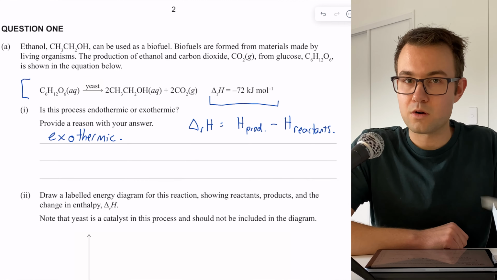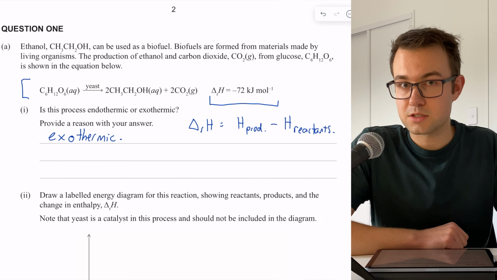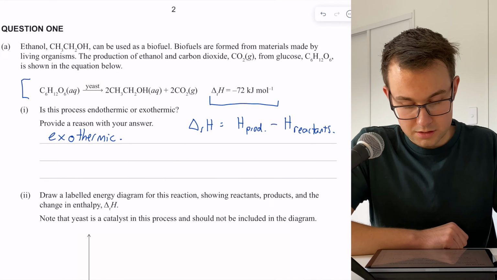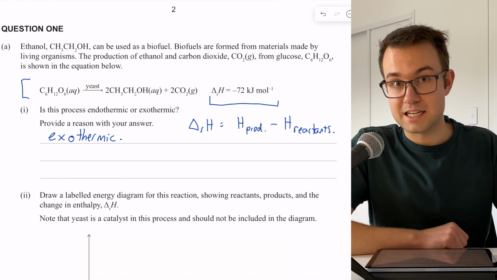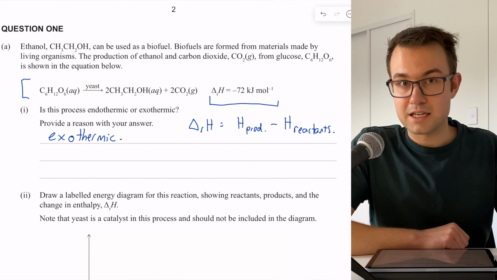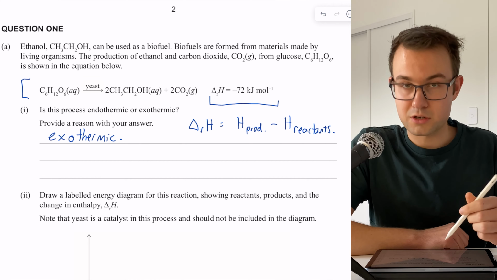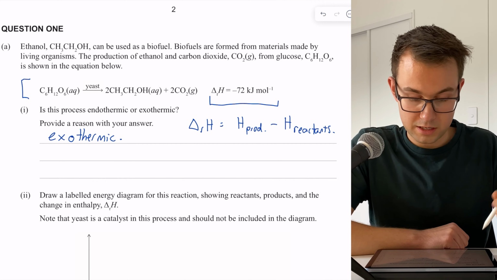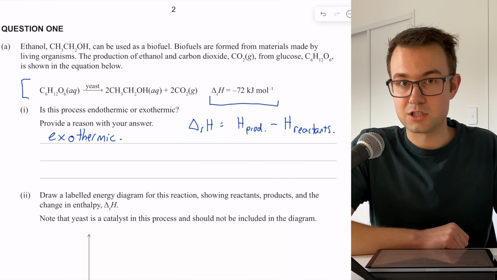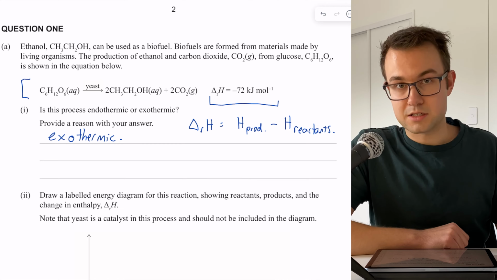Now what is enthalpy? It's just heat energy. In this context, constant temperature and pressure, enthalpy is heat energy. So it has released heat energy because the products have less heat energy than the reactants. This negative number is just saying it's releasing heat energy into the surroundings. That sounds like a great reason.